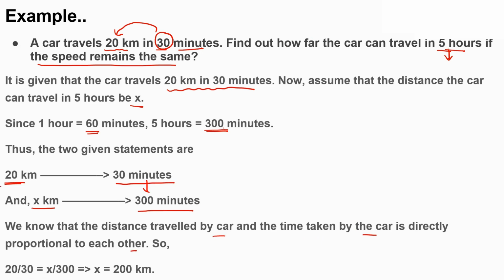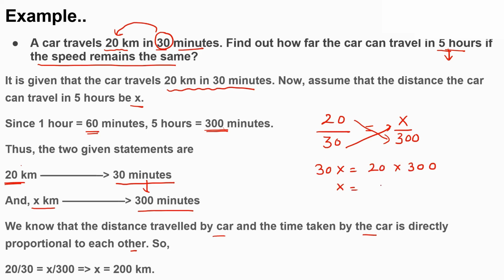In this case, whatever their ratio, that should be the same. The ratio of 20:30, 20/30, should be the same as X/300, because they are in direct proportion. So I will cross multiply. 30 multiplied with x is equal to 20 multiplied with 300. Then x is equal to 20 multiplied with 300, then 3 is multiplied here.